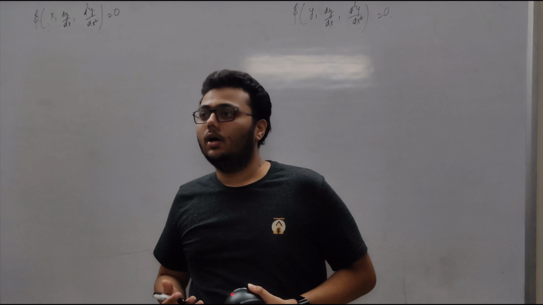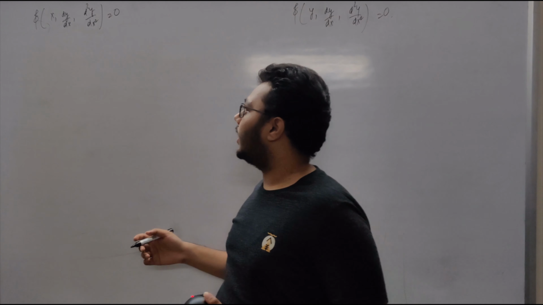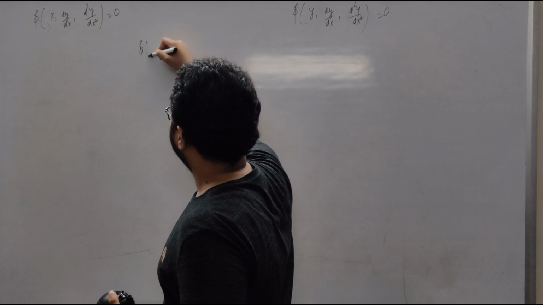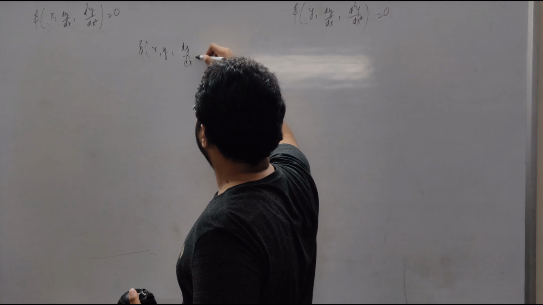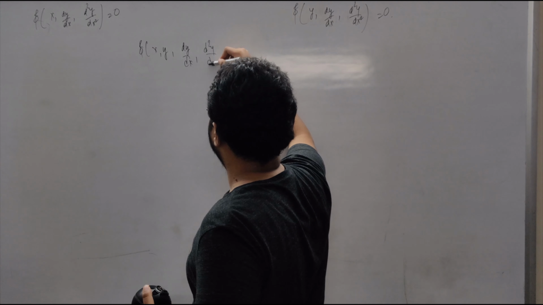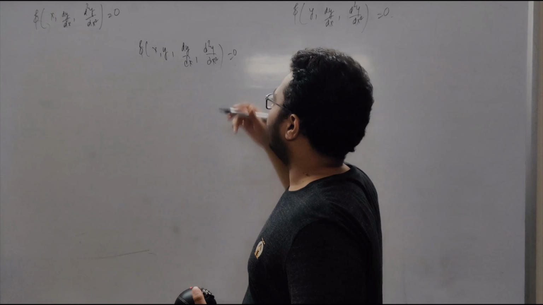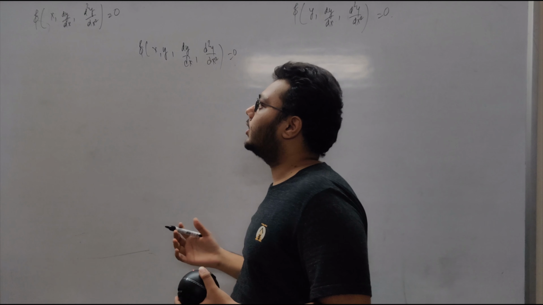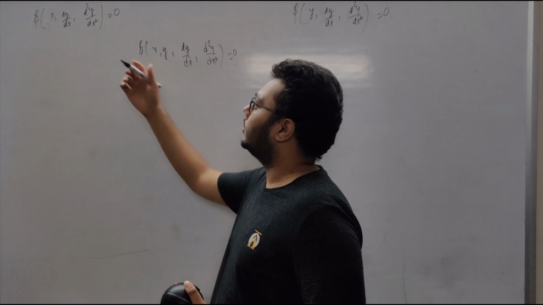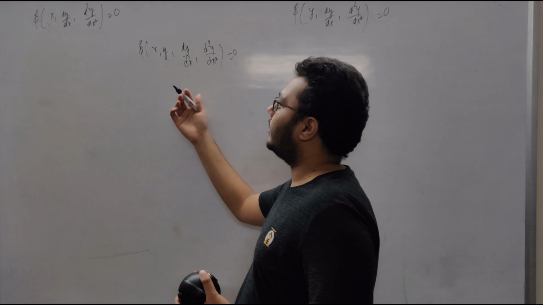So what we just had a look at was a function of x comma y comma dy by dx comma d2y by dx square. What you're going to come across most often is a function of x, dy by dx and d2y by dx square.